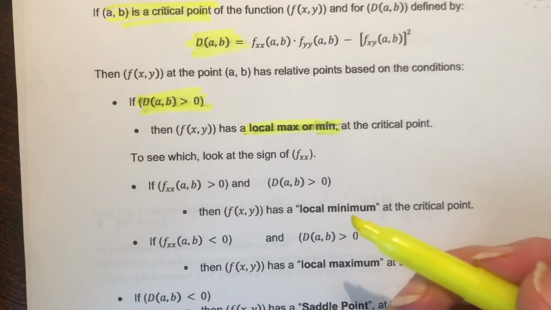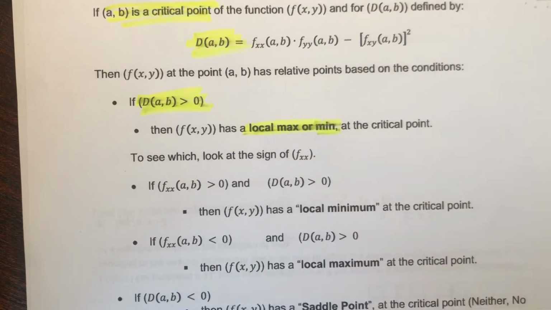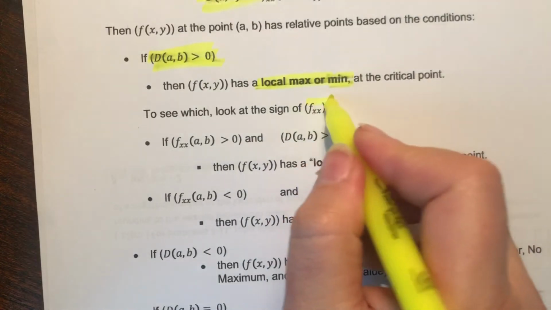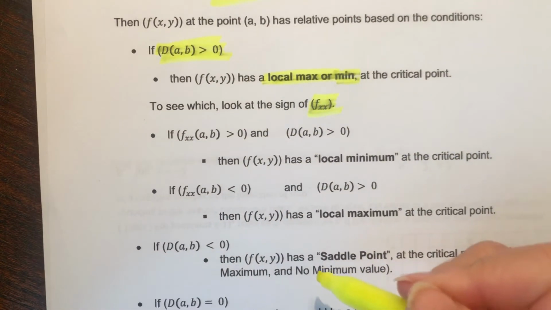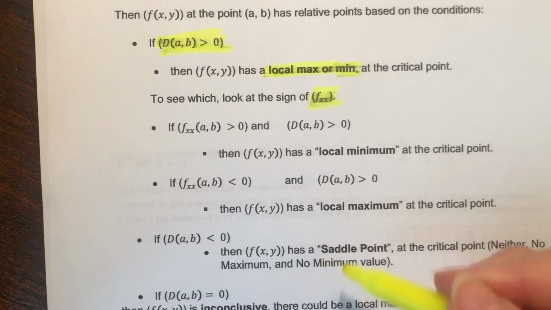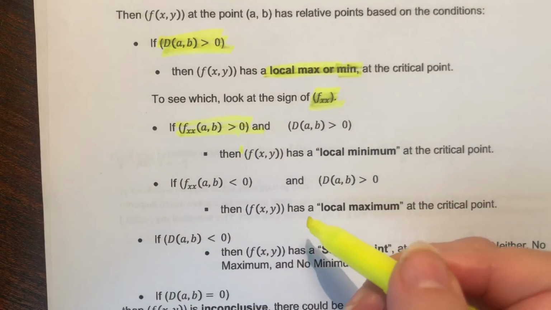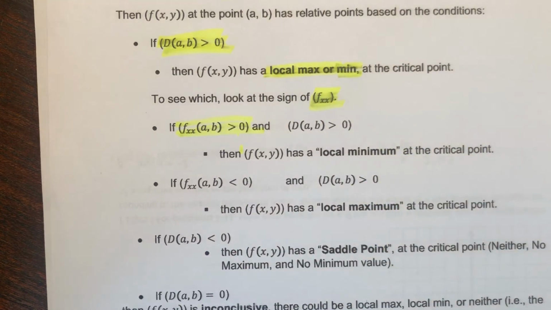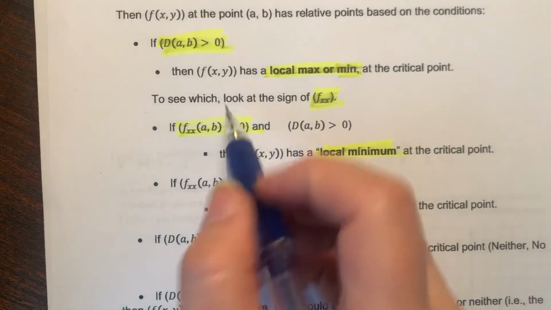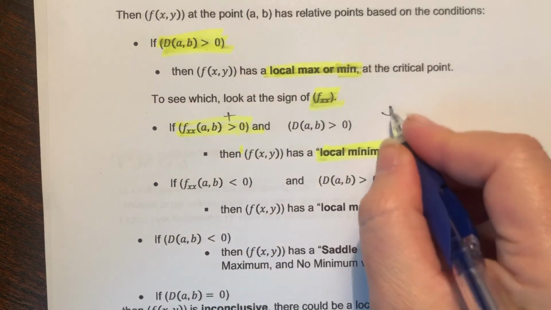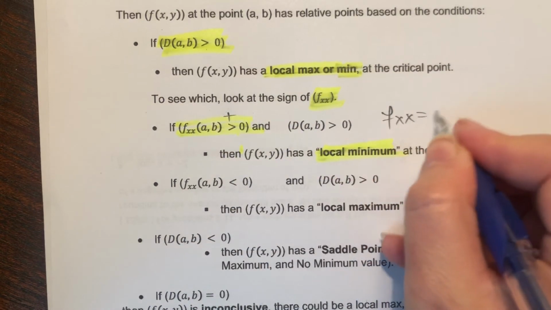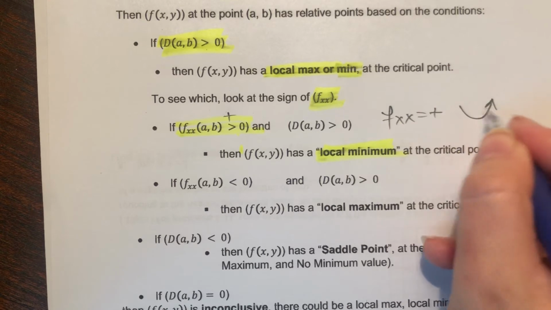To decide if it's a min or a max, you have to look at the sign of fxx only, and I'll explain why. Now, if fxx is positive, and of course D itself was positive, then you have a local min. So if this fxx is positive, then you got yourself a minimum, yes?